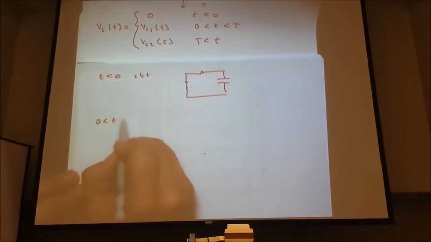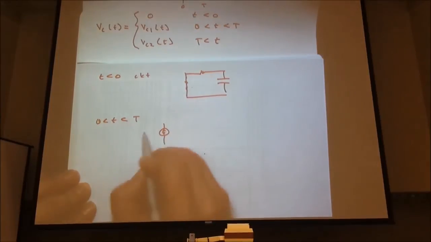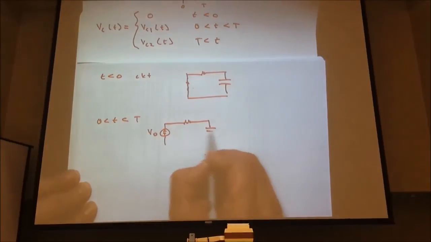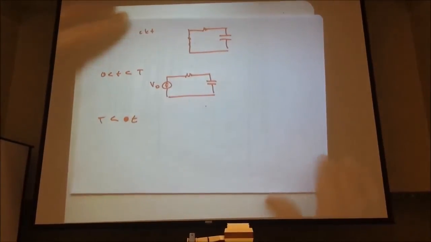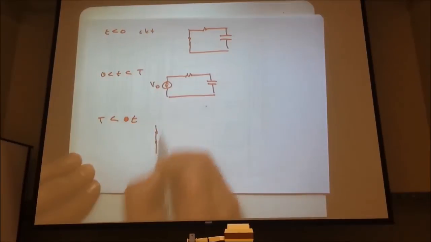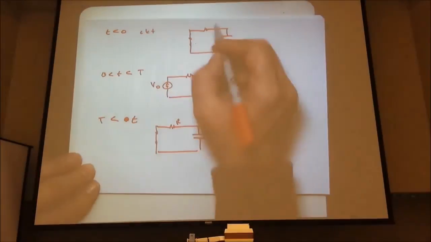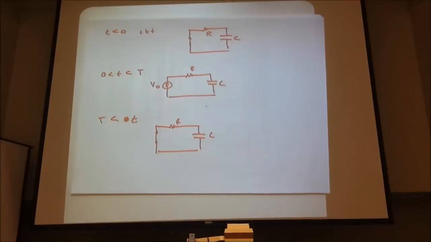Our 0 less than t less than capital T circuit, well, our source is on. It's some constant value, some V naught, if we're working with step functions, of course. And then our capital T less than t circuit. Once again, we turn the source off. And granted, these two circuits are the same, but they happen at different instances in time. So the first and third circuit, yeah, they're equivalent circuits, but they have different conditions.